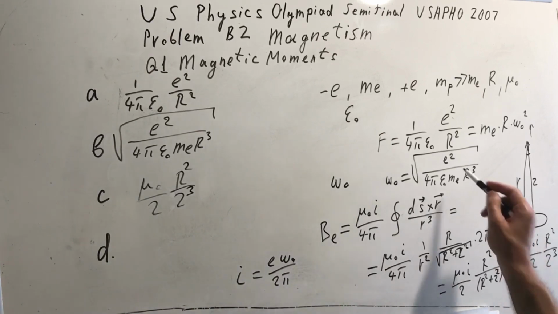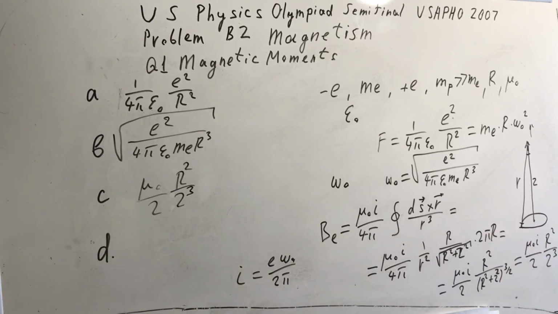And omega 0 we already counted. That's this one. And finally, when we put this expression for current here, we will get this answer.